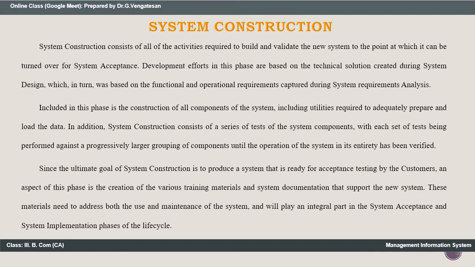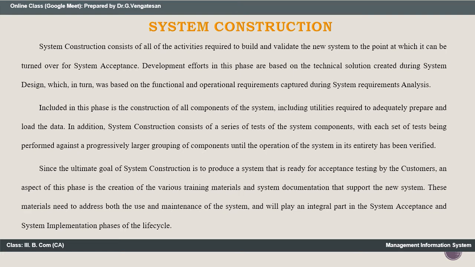Each test will be performed in a small aspect, and finally you can go with the large grouping of components. A small test will be undertaken from each component, and finally a large test will be taken for a big component, that is a grouping of components.